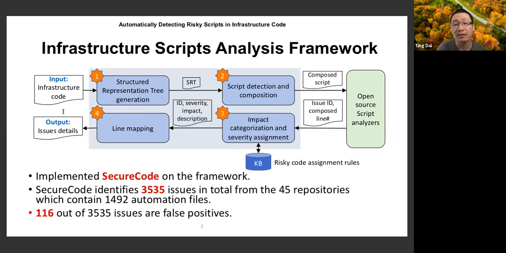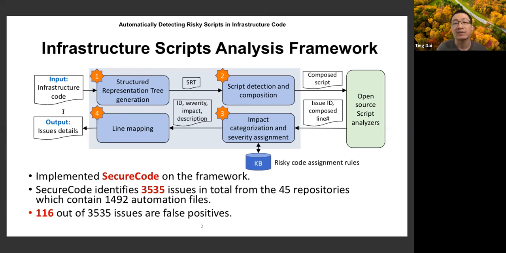After passing the composed scripts to open source script analyzers, in the paper we use ShellCheck and PSScriptAnalyzer. Our framework receives the checking results with issue IDs and the line numbers of the composed scripts where the issues reside. To satisfy configurable business compliance requirements, our framework then assigns the severity levels and the potential impact for each identified issue based on predefined assignment rules retrieved from the knowledge base.